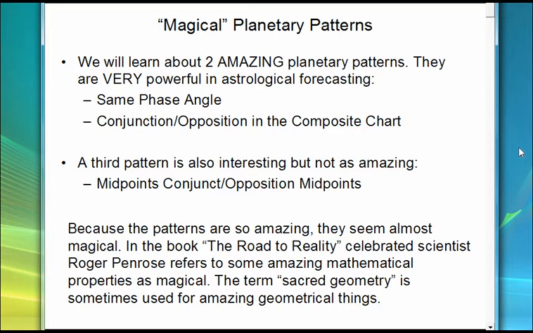It's just incredible the way everything fits together in the universe. So it's like magic to our small, finite brains, I guess. So it's just amazing. You call it amazing, call it magical. Some people call these things sacred geometry, just because they're really amazing. Okay, so let's see what this is all about.